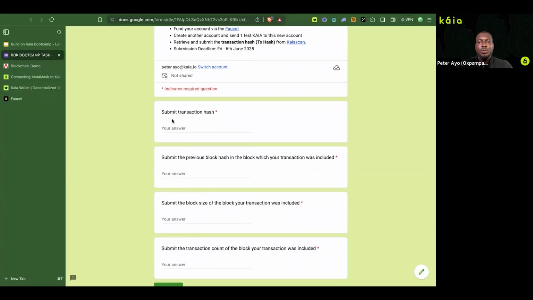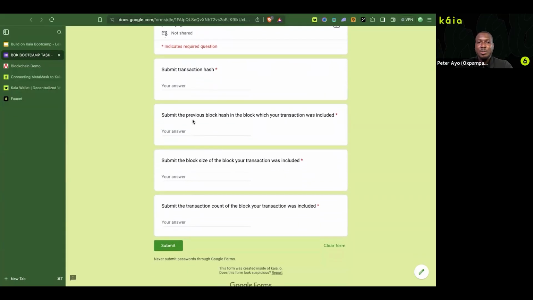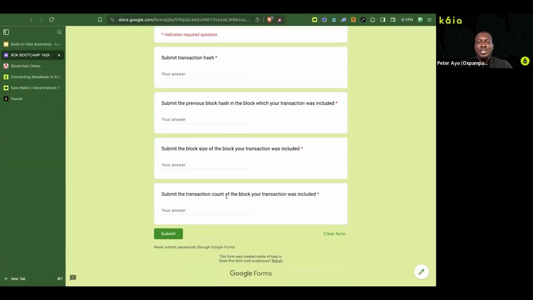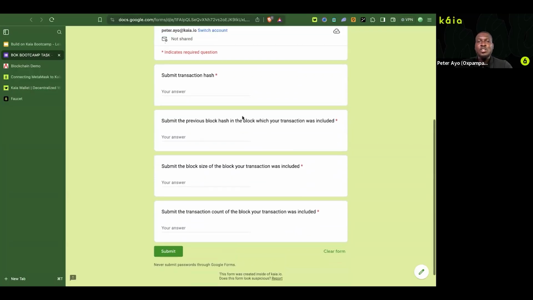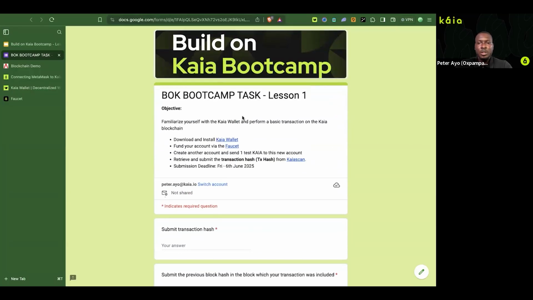Now, the first thing you want to do is to submit the transaction hash. Then next is to submit the previous block hash in the block which your transaction was included. Then submit the block size of the block your transaction was included, and also submit the transaction count of the block your transaction was included. So this is you basically trying to play around the blockchain, right?